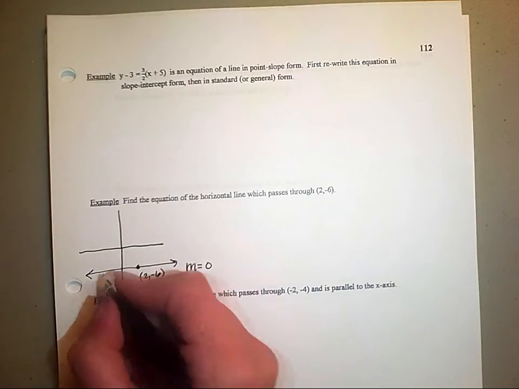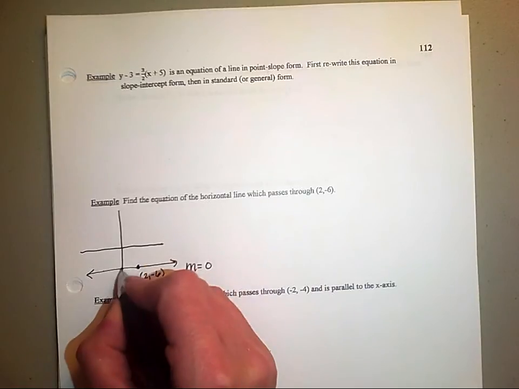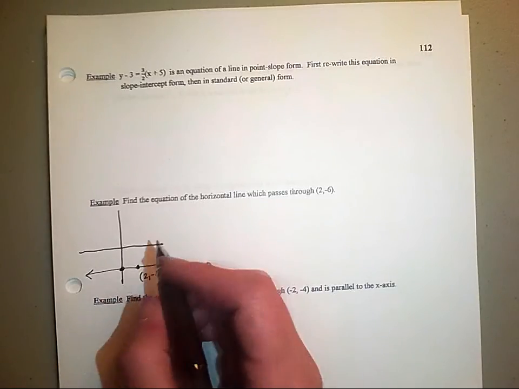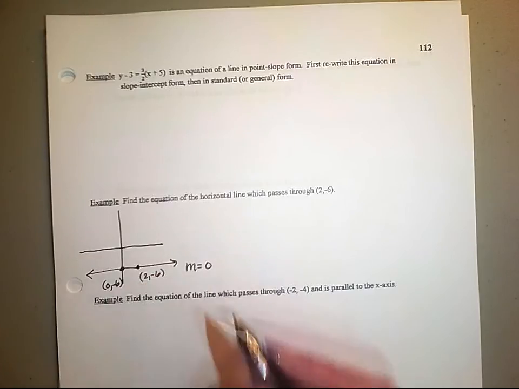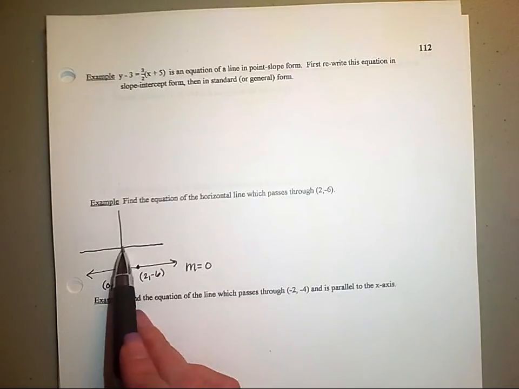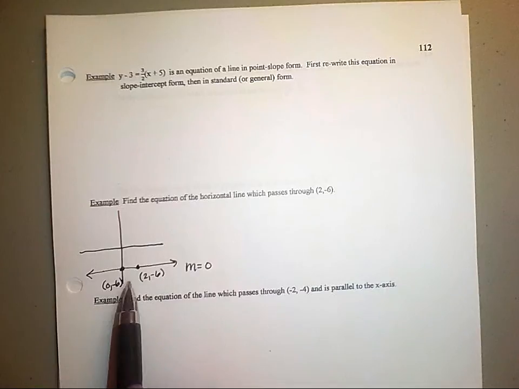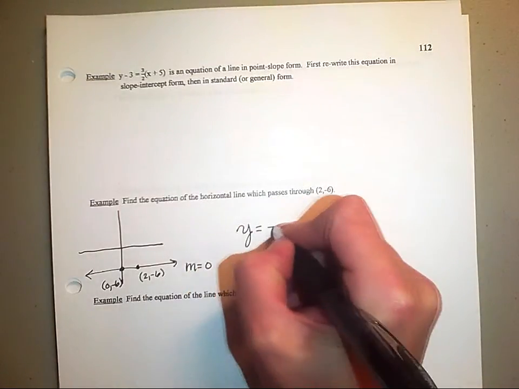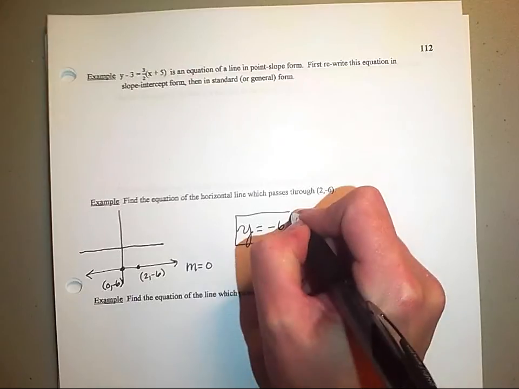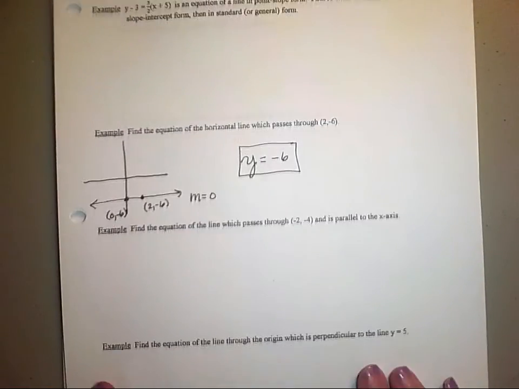If I was to pick another point, this would be the point 0, comma, negative 6, because I've gone nowhere in the x, only down in the y. And we see the y's are the ones that don't change here, so y is equal to negative 6. The horizontal lines are the y equals lines.